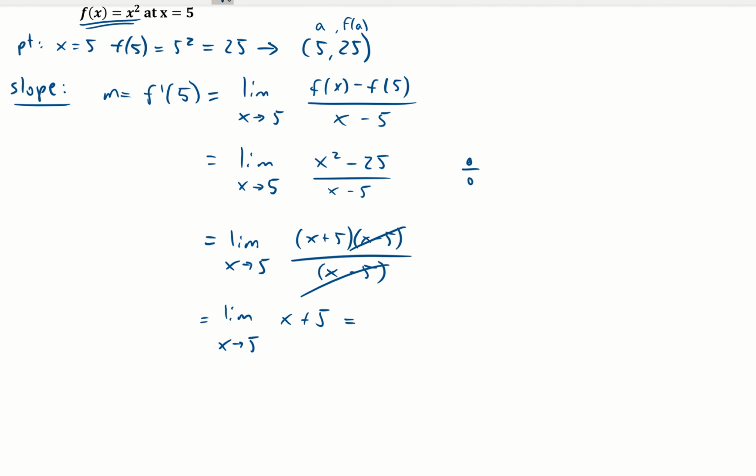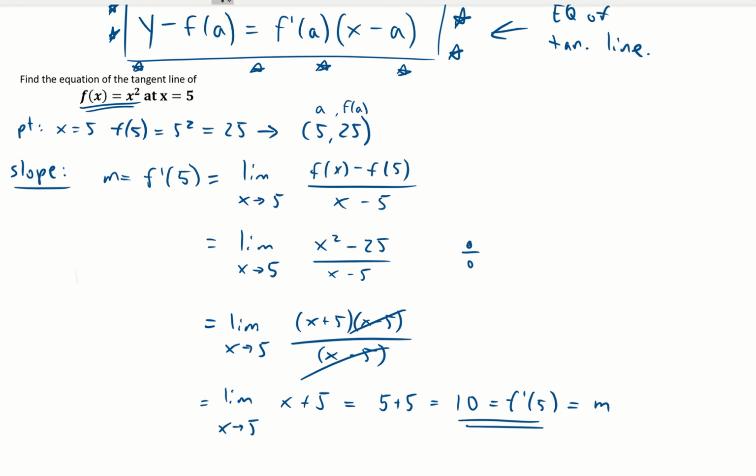How do we evaluate this limit? Good, we'll substitute. When we substitute is when we drop the limit. We stop writing it. We've actually evaluated the limit now, and we see that the limit is, in fact, 10. This value 10 is equal to f prime at 5, which is our slope for our tangent line, all the way back to the beginning now.